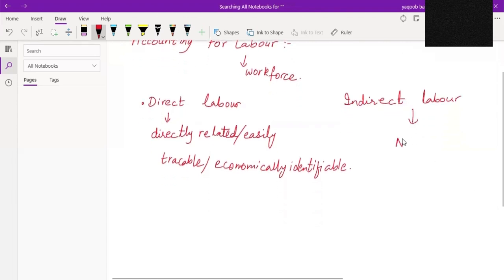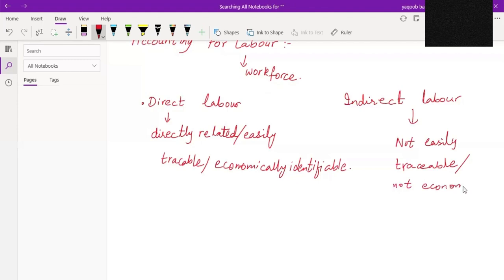Indirect labor is the one not easily traceable, not economically identifiable. So this is direct labor or this is indirect labor. Direct labor is the one who is directly involved in the work process, and indirect is the one who is not involved in the production process.